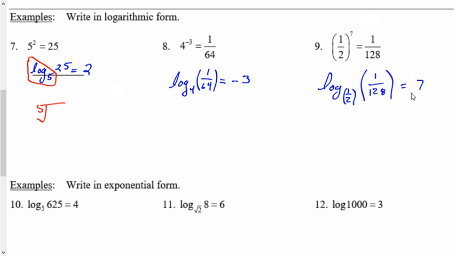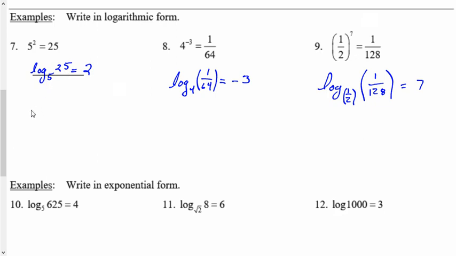So let's back up a little bit and think about what the logarithm is saying for a couple of these. As we look at number 7, remember that a logarithm says, if I was to take this 25 and rewrite it as a power base 5.